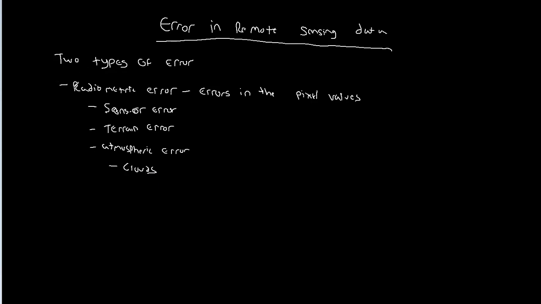All right, so we're going to talk about radiometric error, which is errors in the pixel values. So that's the thing that's actually being recorded. And then we're going to talk about something called geometric error.